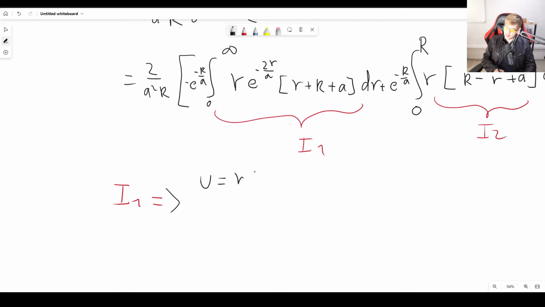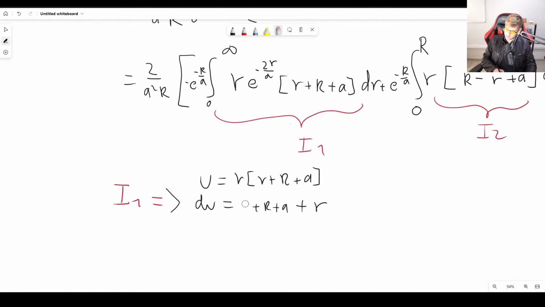So r times r plus a, and thus du will be, well, we differentiate this, so we get r plus a, and then plus r times the derivative of that, which will be simply 1, so plus r.